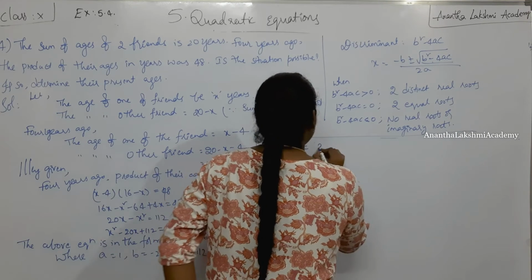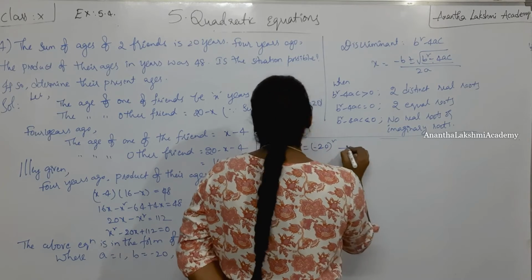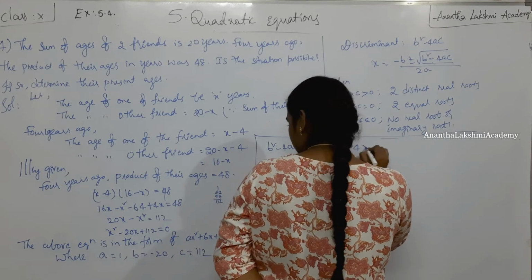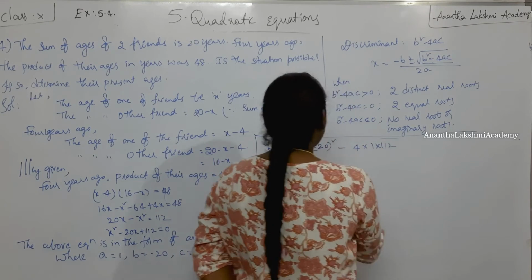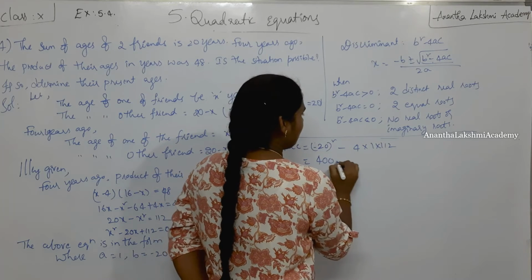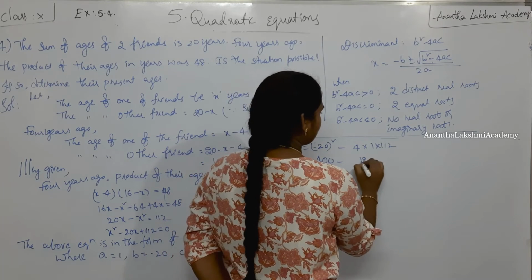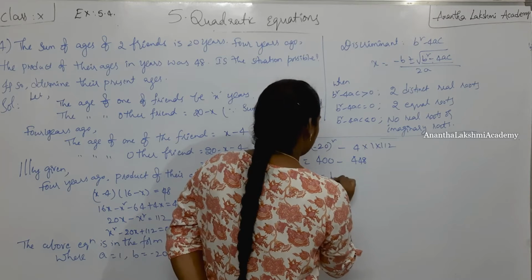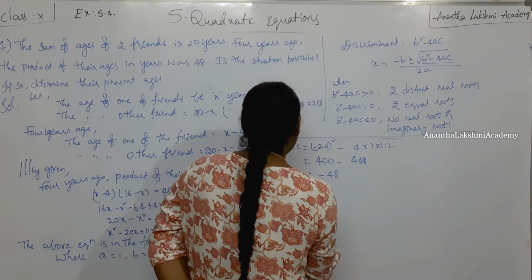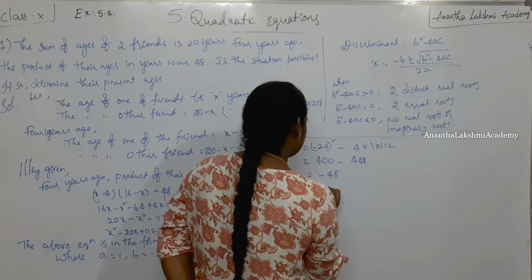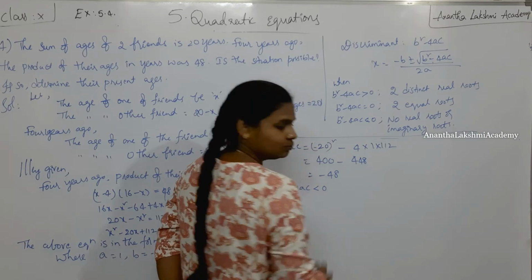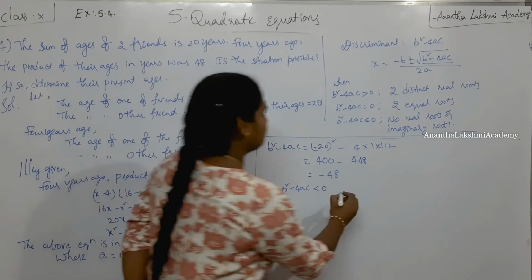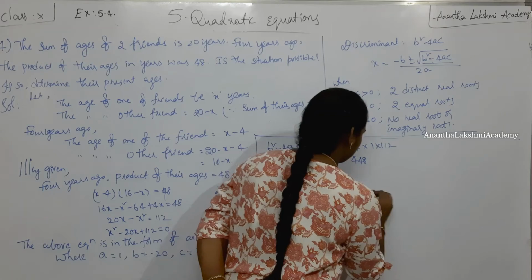Minus 20 whole square minus 4 into a into 112. So this is going to be 400 minus 4 twos are 8, 4 ones are 4, 448. This is minus 48, which implies b square minus 4ac is less than 0, as this is negative, which implies no real roots.